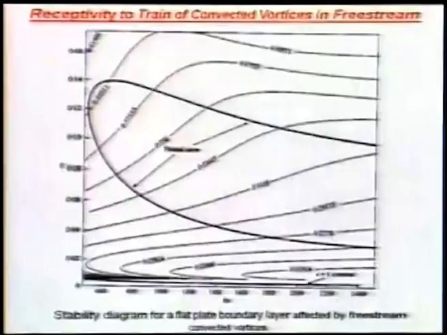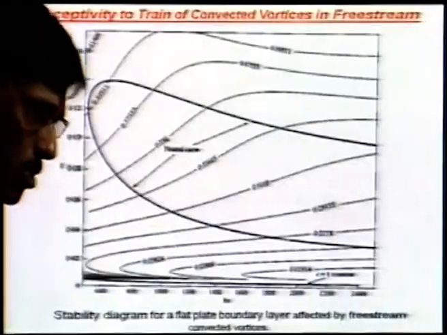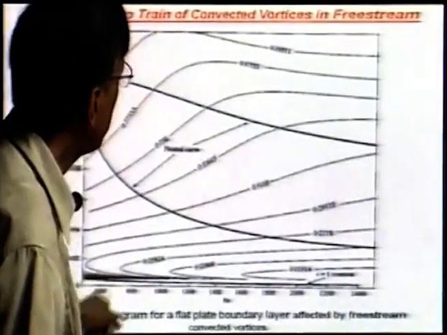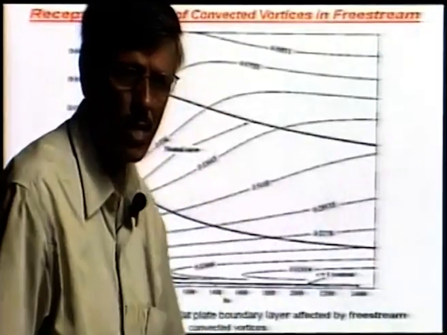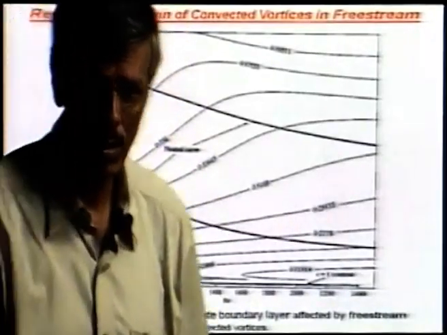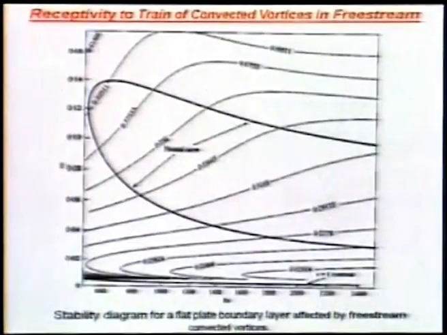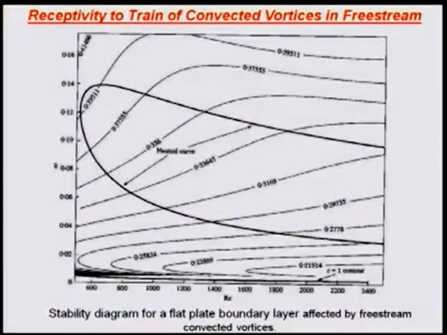So that means that you have a longer stretch of instability, and since it also visits the center part of this neutral curve, that's where your maximum growth rates are.